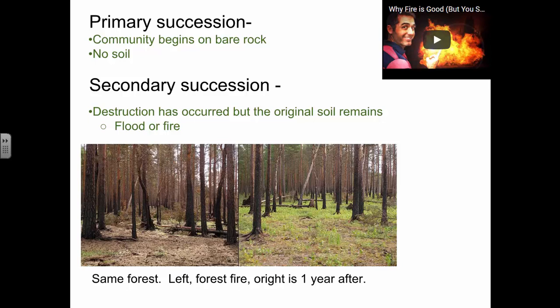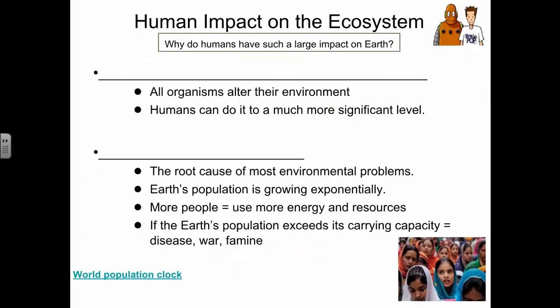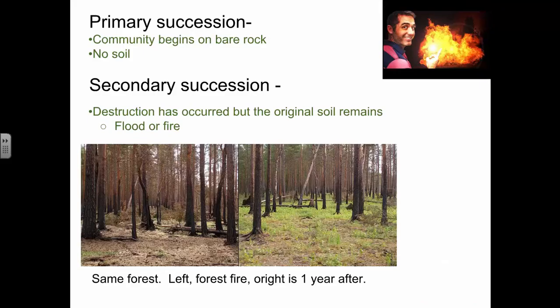Some ecosystems are even adapted to fire, in that there are some species of pine trees where the cones have a resin that keeps them closed, and they won't open up and release their seeds until they're exposed to fire. So some ecosystems actually require fire in order to reproduce.